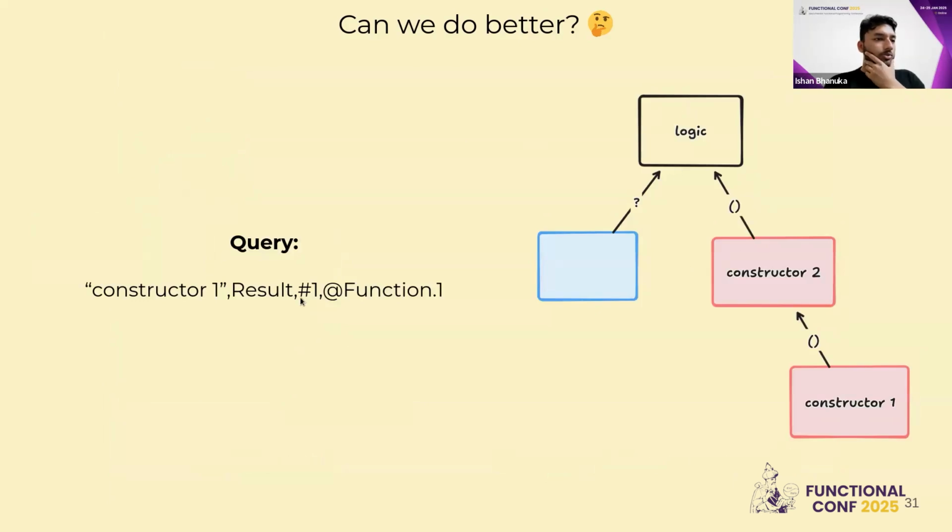And to go back to how this would be solved: I can ask a query saying, find me all the data flows where constructor one is used, it returns a result type, and it returns a result type to a type variable where it is the only thing flowing into that type variable.